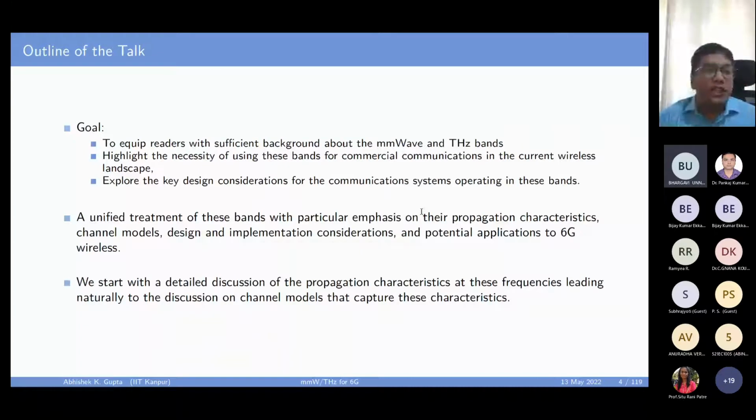So we'll start with a detailed discussion of propagation characteristics at these frequencies, which will naturally move to how these propagation characteristics can be captured into channel models.